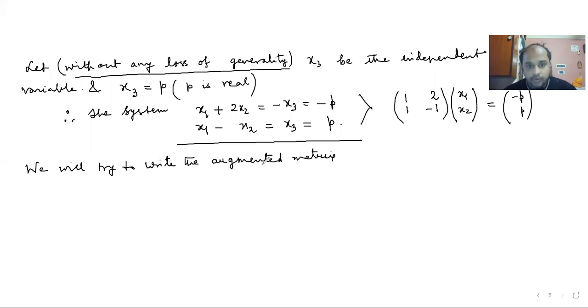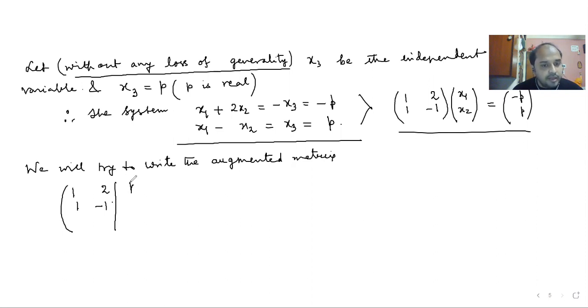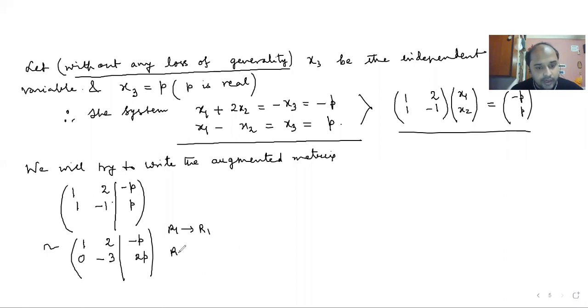Corresponding to that, the augmented matrix will be of the form 1, 2, 1, minus 1, with minus p and plus p. And this can be written with R1 remaining the same, and R2 being R2 minus R1.